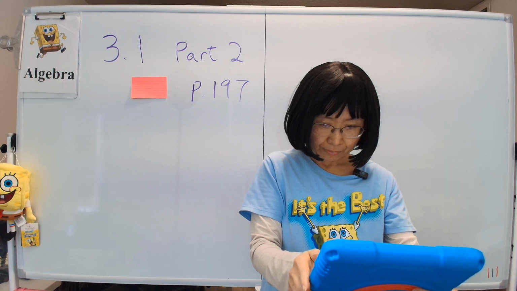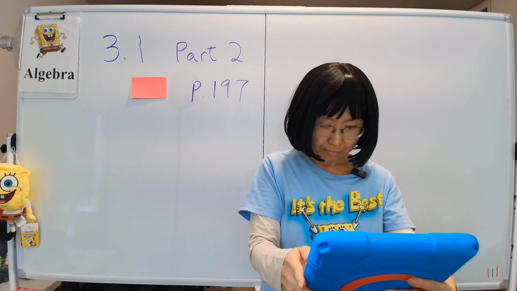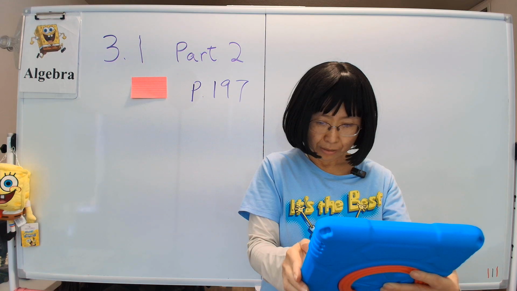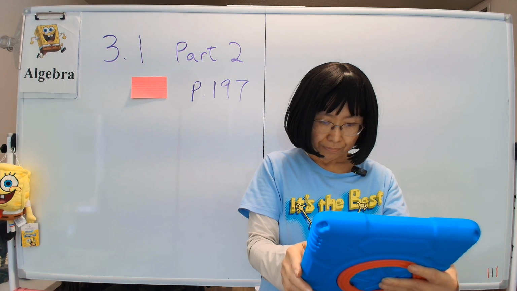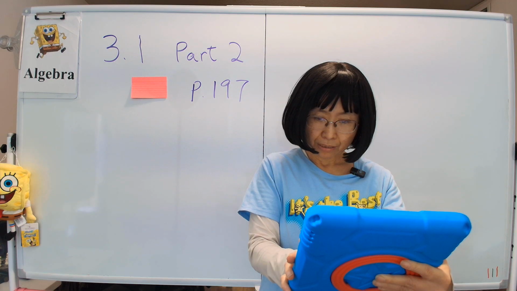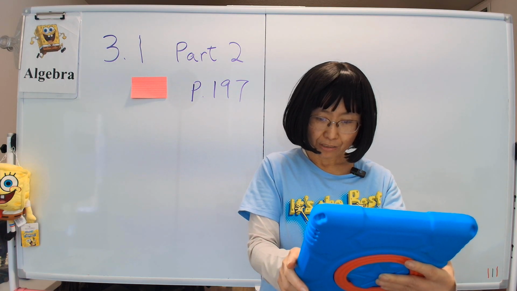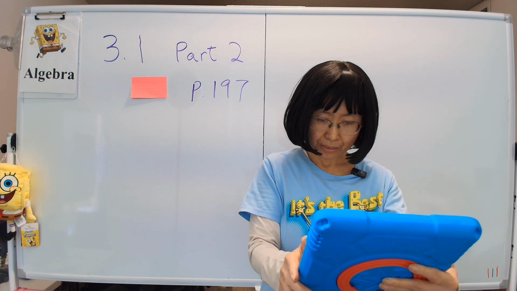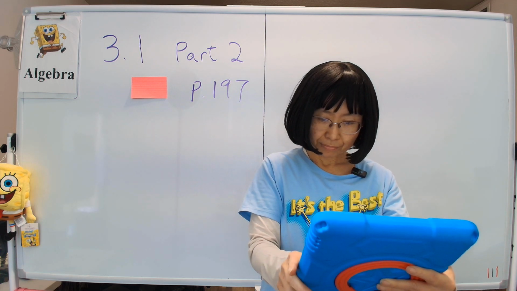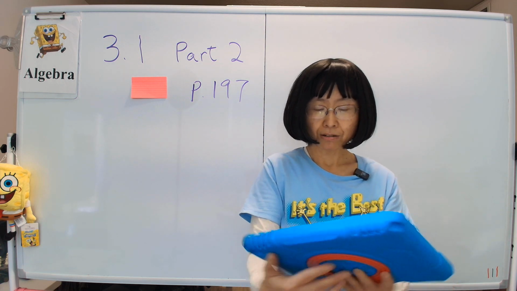Next, we need y equals x squared. Y equal to the square root of x. Y equal x to the power 1/3. Didn't we already do that? I don't know. Oh, that's something else.